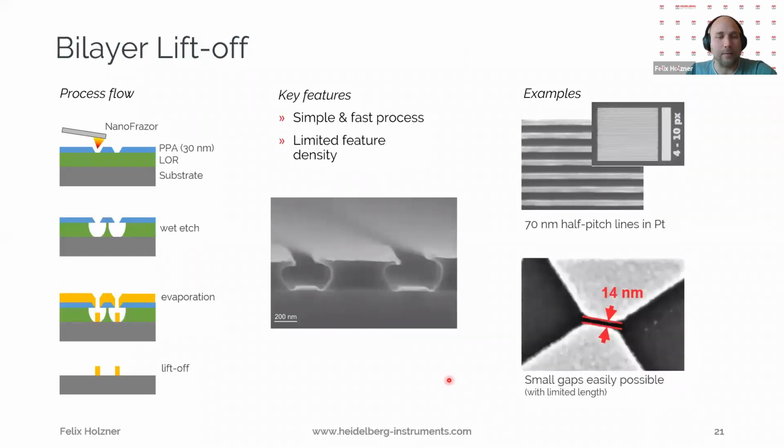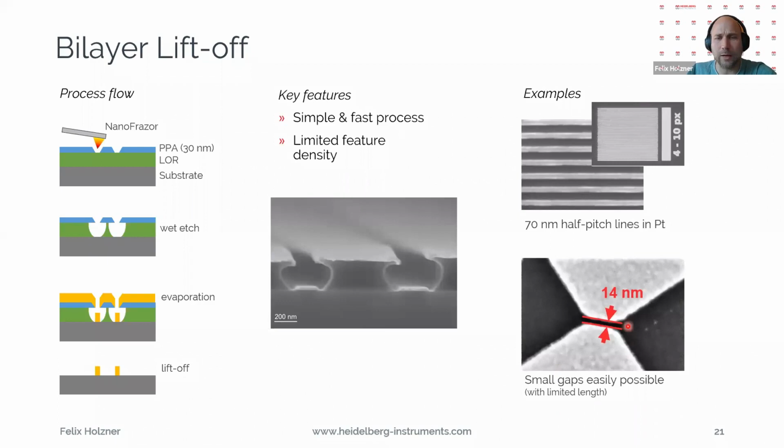I would say even more used process, or a very standard process of our customers, is what we call the bilayer liftoff. So here you write with your tip into the PPA or the resist layer on top, and then you have another resist layer underneath. You create your undercut here in a development step, evaporate your metal and do a liftoff.